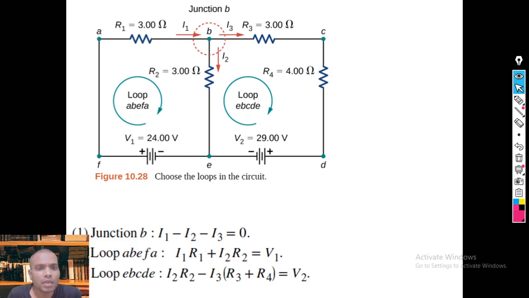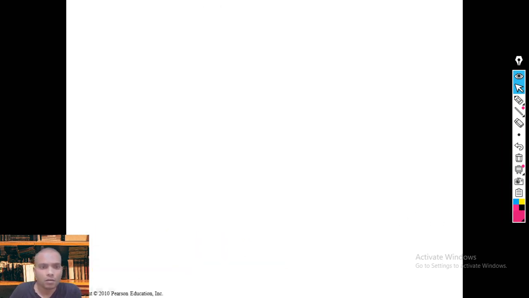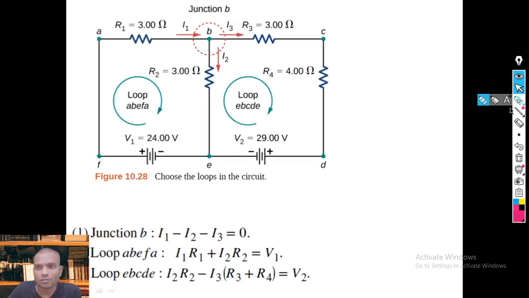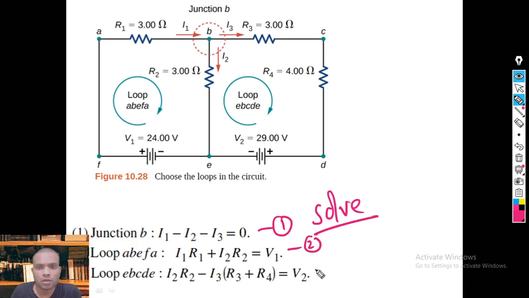In the loop ABEFA, by following conventions, we have written I1 R1 plus I2 R2 equal to V1, and in the loop EBCDE, I2 R2 minus I3 times R3 plus R4 equal to V2. Now we need to solve these equations by taking 1, 2 and 3, by adding equations 2 plus 3, or by substituting 1 in 3.